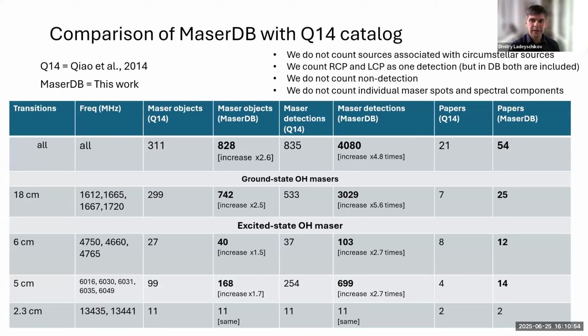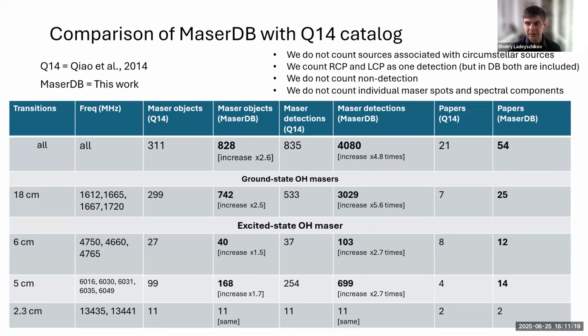In this slide, you can see the current status of our data entry and comparison with the CSIRO catalog of 2014. The number of detections increased almost 5 times. The number of masers increased almost 2.6 times.